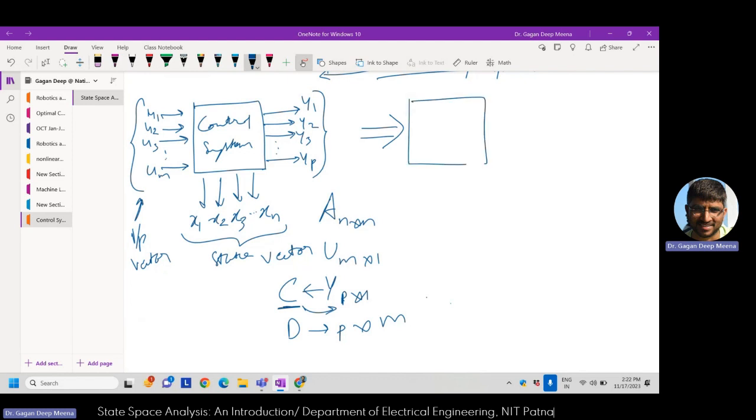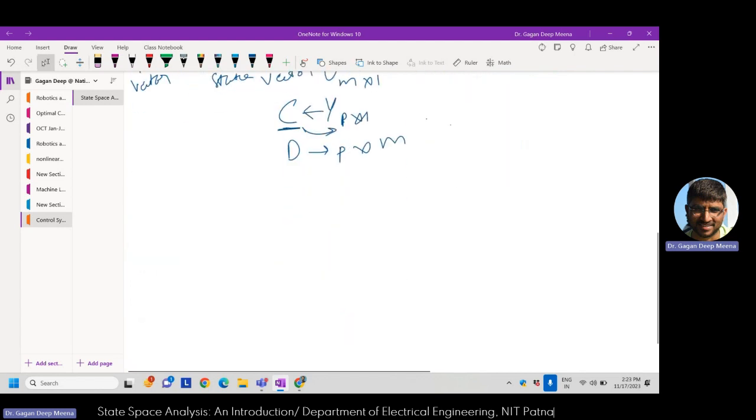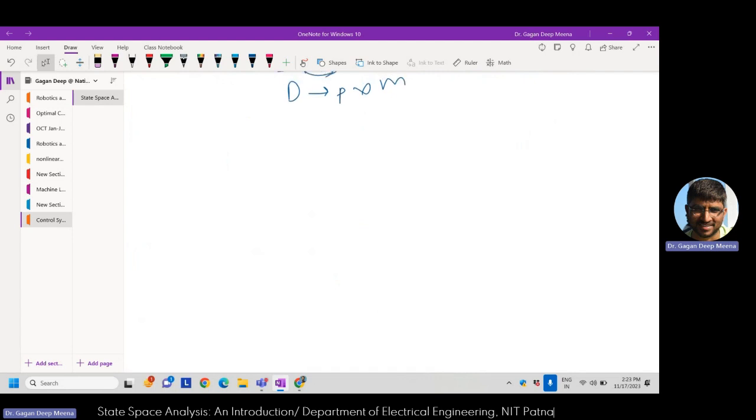We can write it as U, which is the input vector, and that's your control system, which I'm writing as CS, and there you have the output given by Y. In between is the system, which is formed by the state variables, your set of state variables in the form of capital X. This is the block diagram or pictorial representation of the simple approach of state space representation.